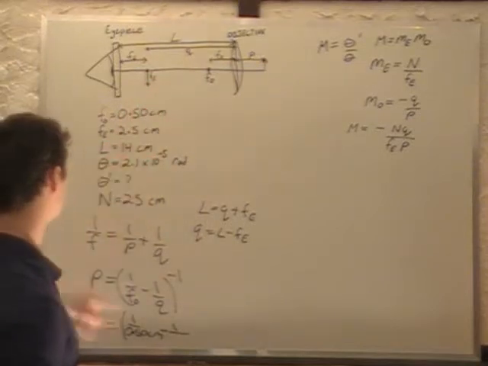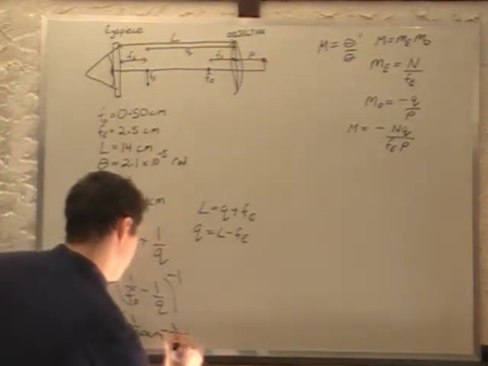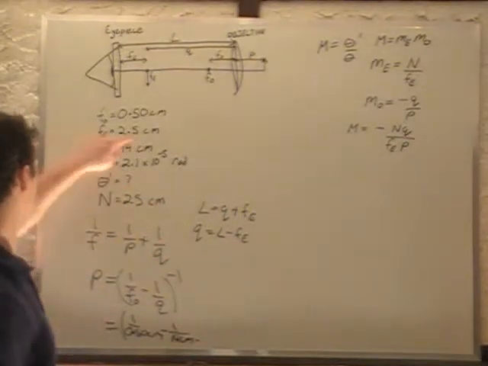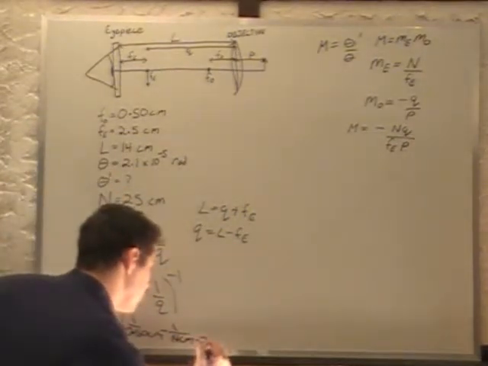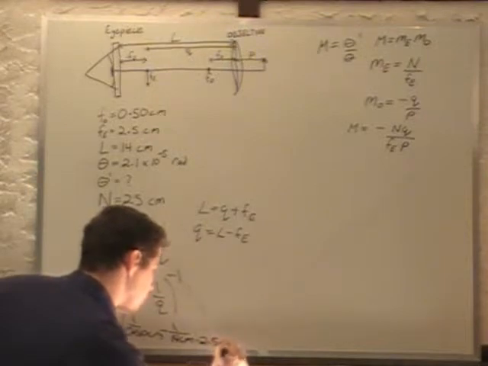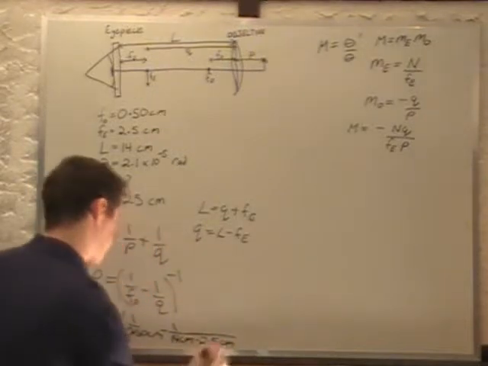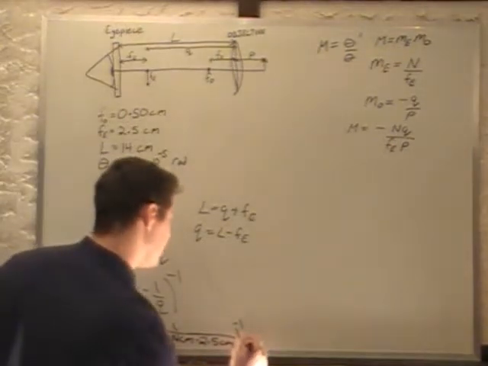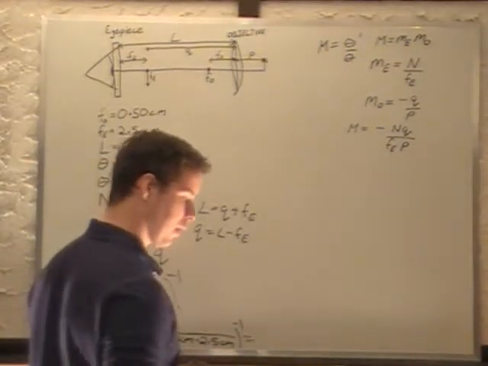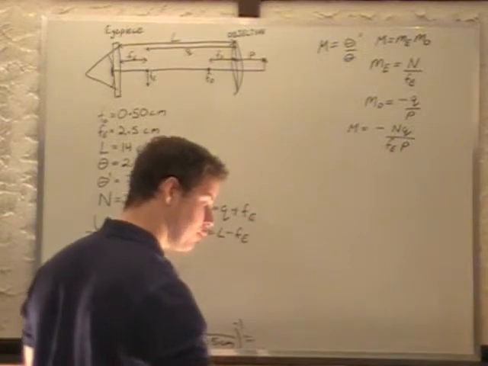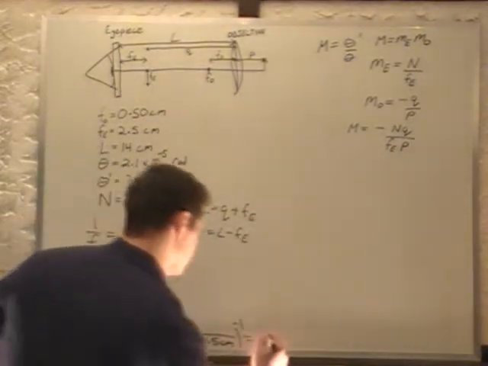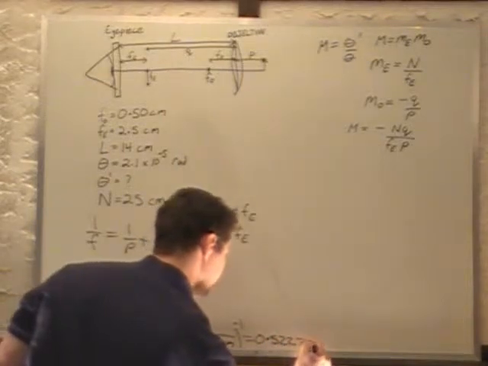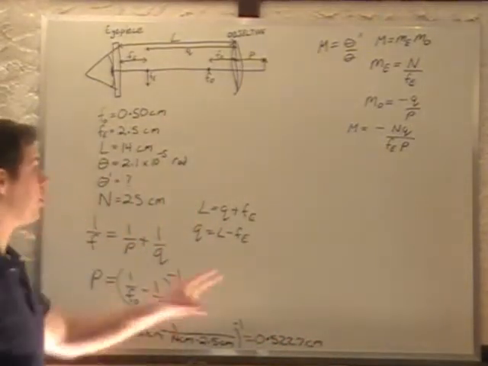L is 14 centimeters minus F_E, which is 2.5 centimeters, over that. Then we take the inverse. So P equals 0.5227 centimeters. Now we know P.